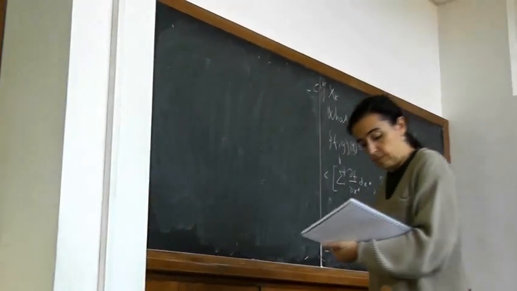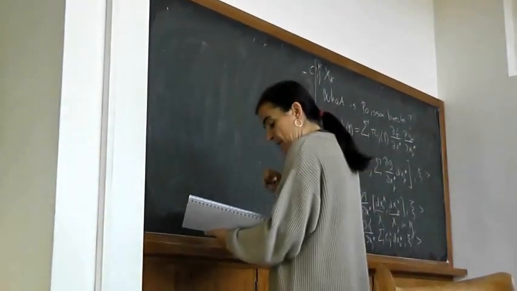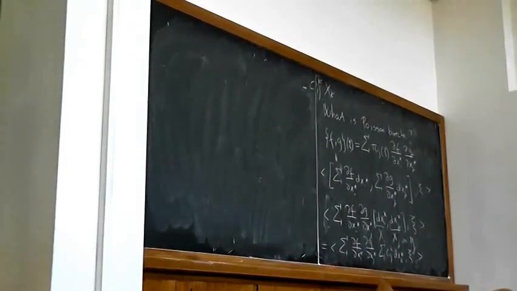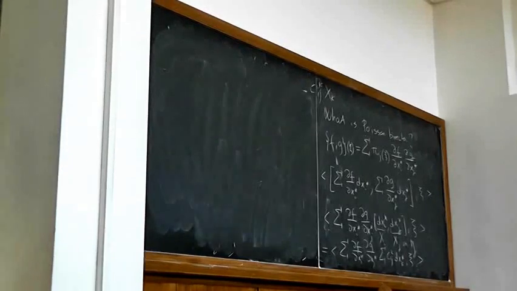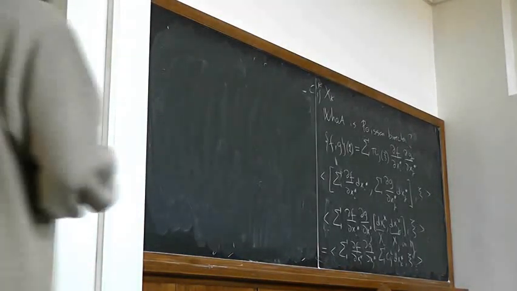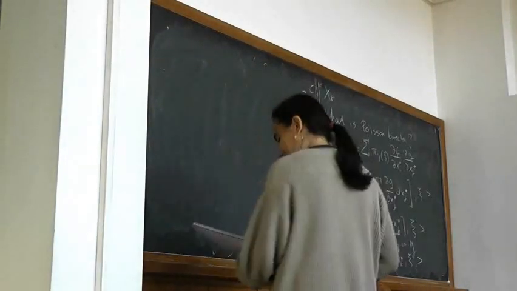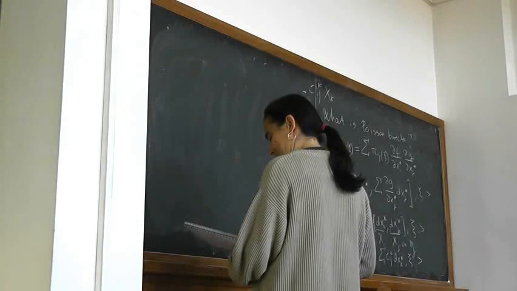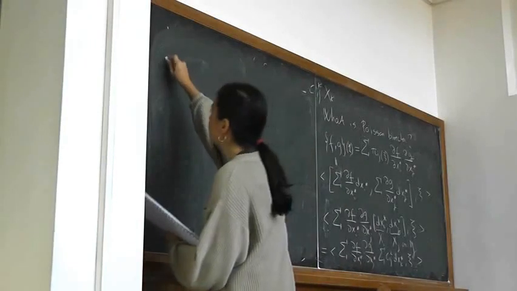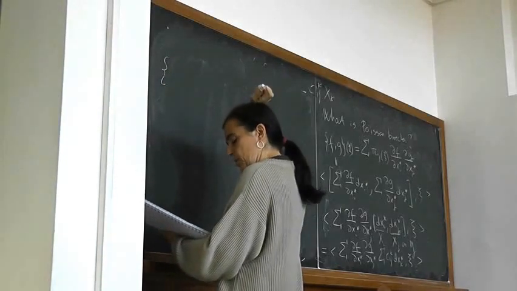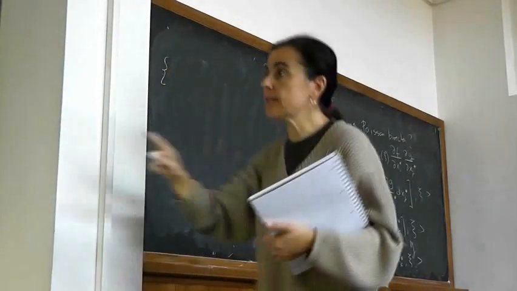So this is obviously x times y. Let me write it in a kind of stupid way.